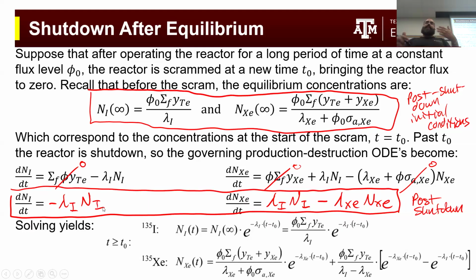The iodine is just going to exponentially decay. Whereas for xenon, it's going to look a little bit different because the xenon gets produced from iodine and it gets lost from itself decaying away. So the number density for iodine is just a decaying exponential. The number density for xenon is more complicated because it gets gained from iodine decaying and it gets lost from itself decaying.